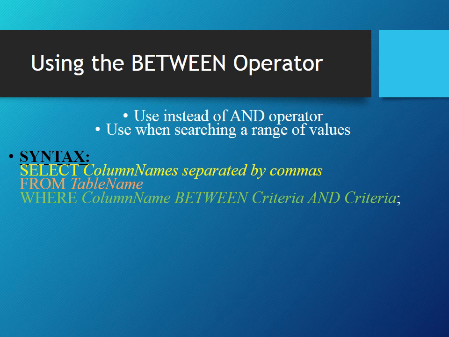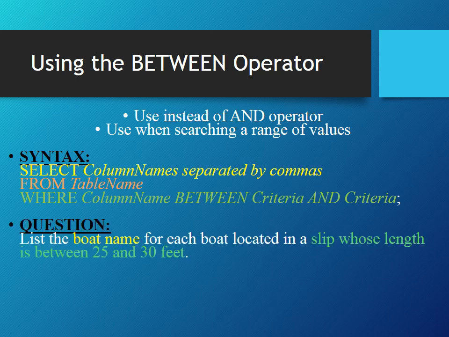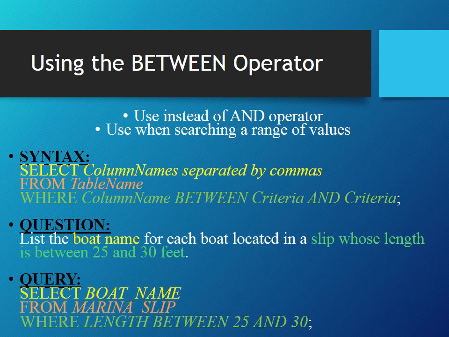Let's apply this to a question. We want all lengths between 25 and 30. It is easier in this case to use the between operator because using the and operator would require that we search for values greater than or equal to 25 and less than or equal to 30. Let's look at the query using the between operator.